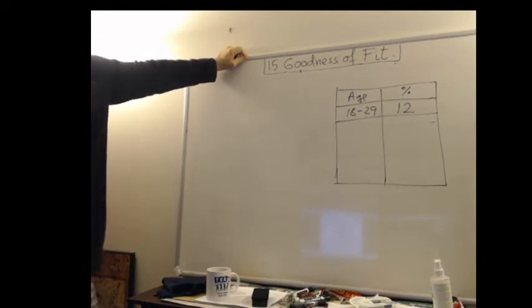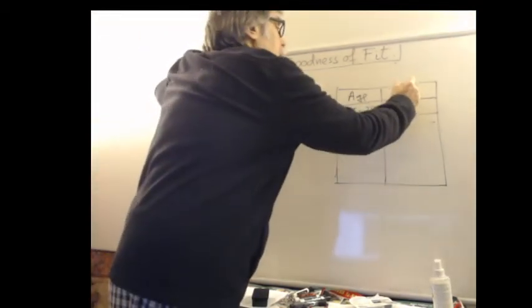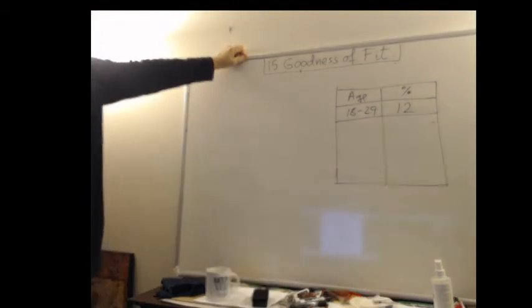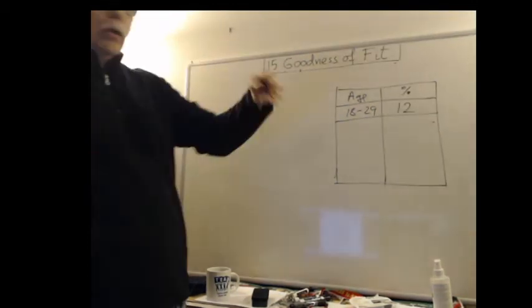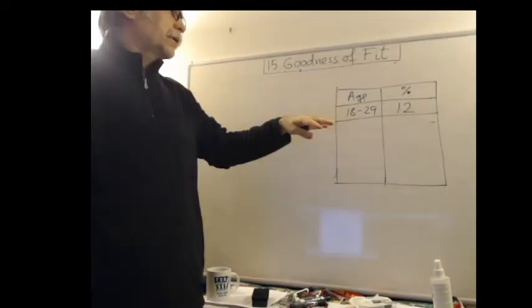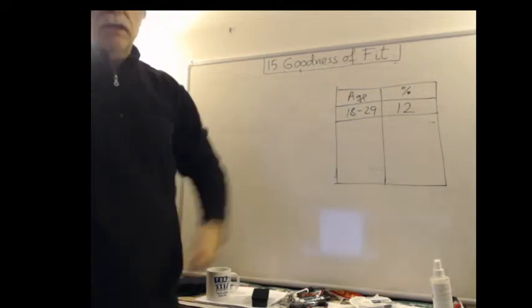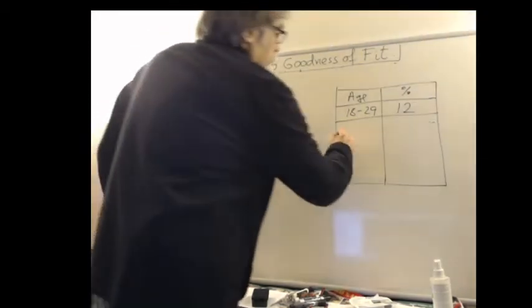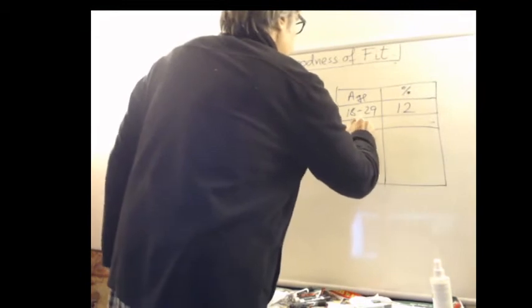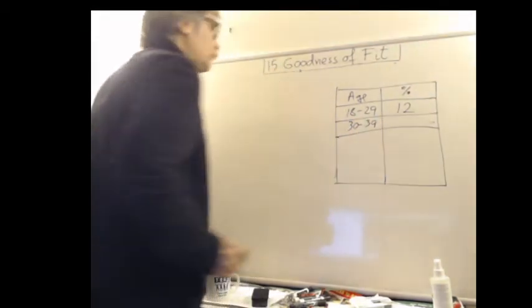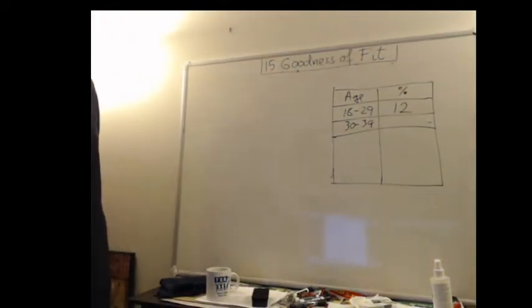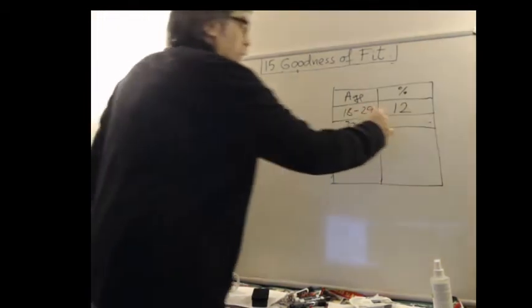Likely voters. The people that are likely to vote are going to be 12% in that age group. So only 12% of all of the voters you have are in this age group between 18 to 29. In the age group between 30 and 39, we have 15% of the voters.